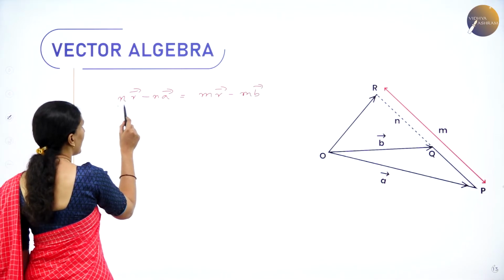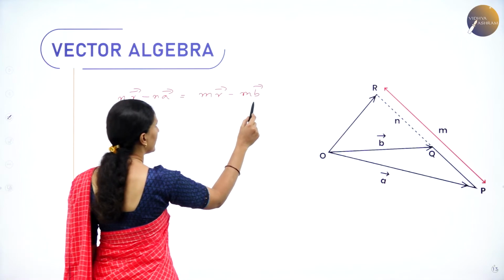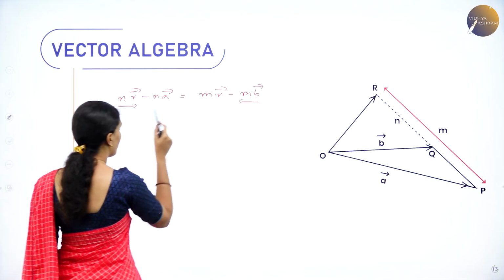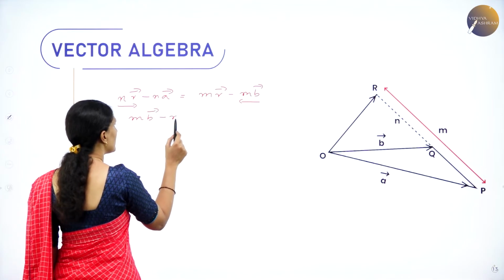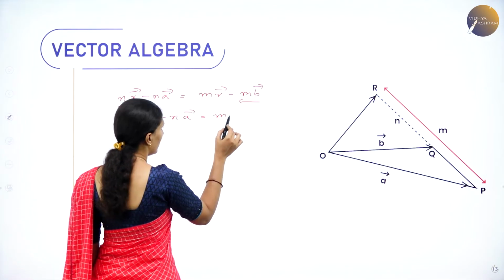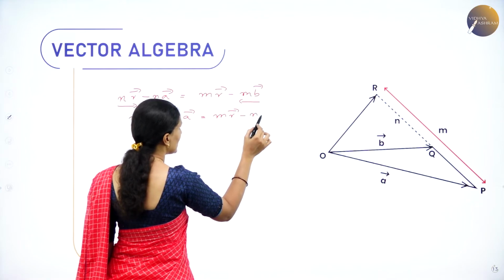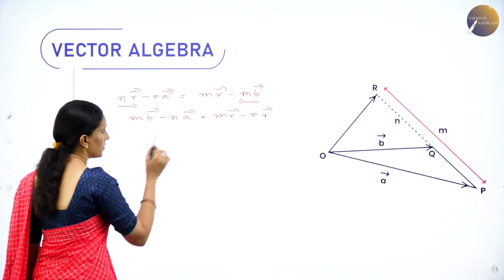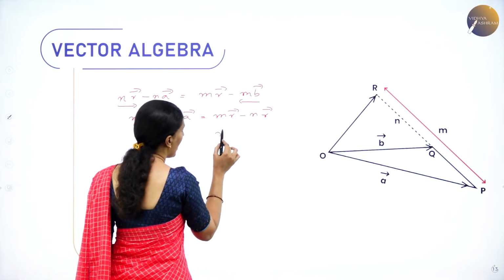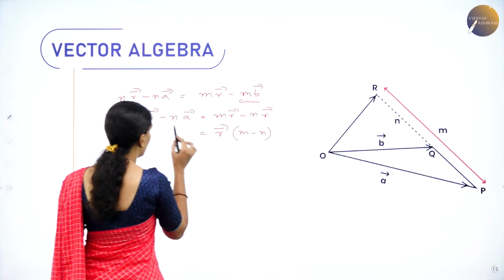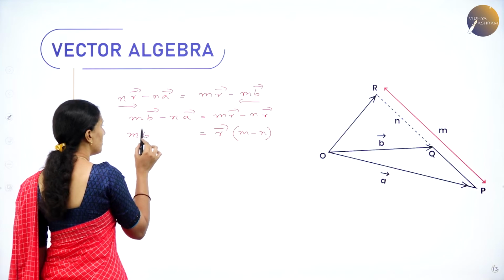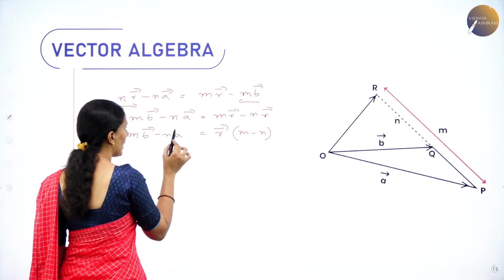Now let me shift NR to the right hand side and MB to the left hand side. Then I'll get MB minus NA is MR minus NR. So now if I take R as a common factor, here I'll get M minus N and here it is MB minus NA.